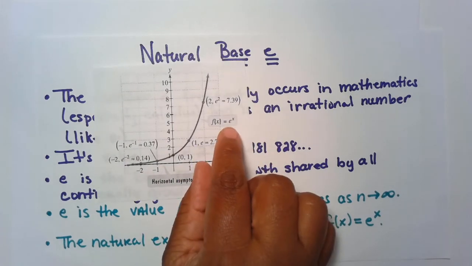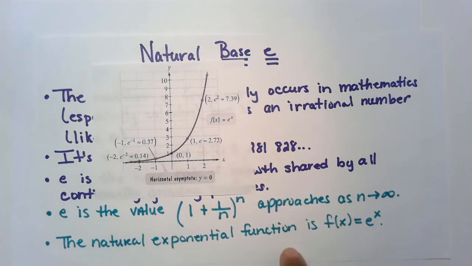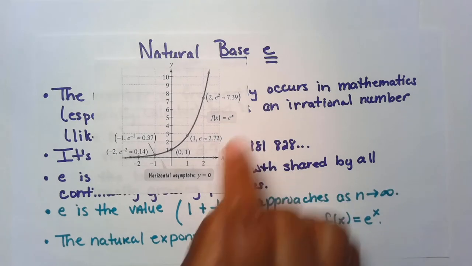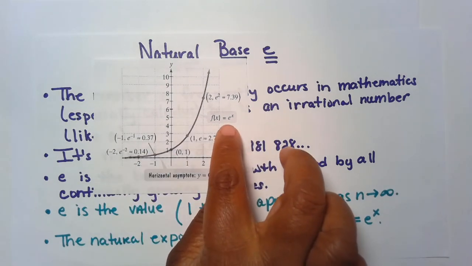What makes this the natural base e function is that we have a base of e, and the same thing applies when we have a base e.